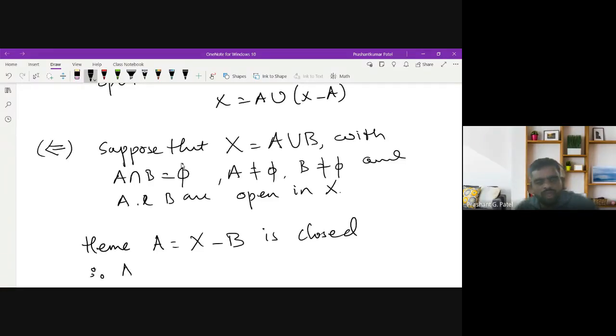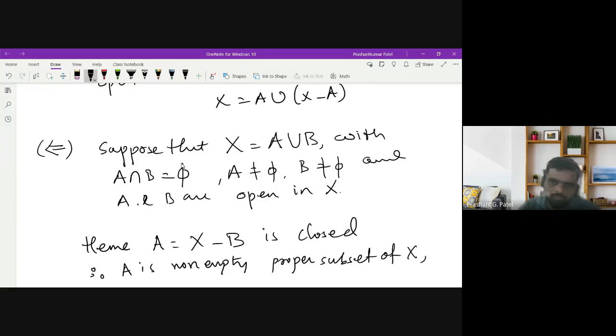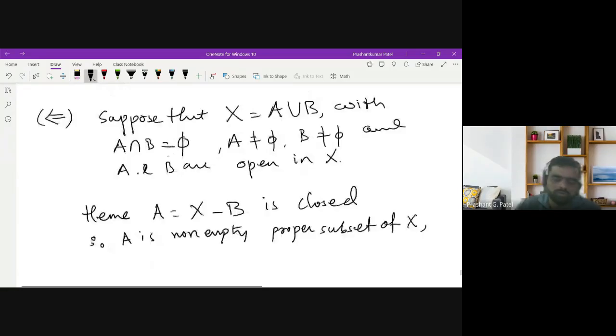So that means A is an open set as well as a closed set. A is a non-empty proper subset of X, which is both open and closed.